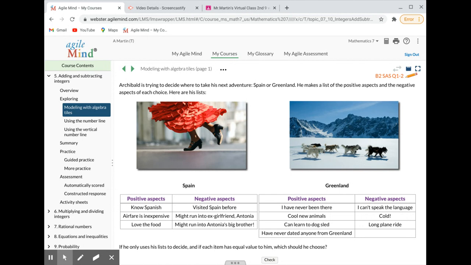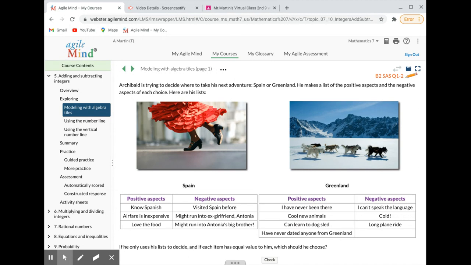So to get started, I want to go back to what we learned the other day in class, when we were dealing with positive and negative numbers that were in blocks. In these blocks, the yellow blocks represented the positive integers and red blocks represented the negative integers.